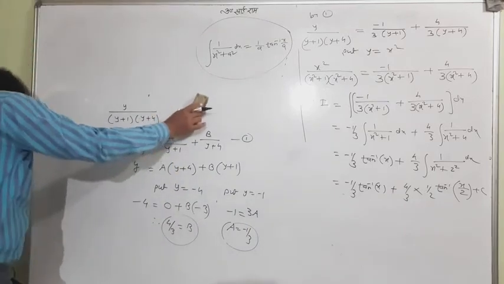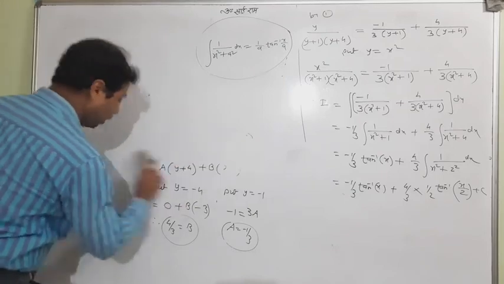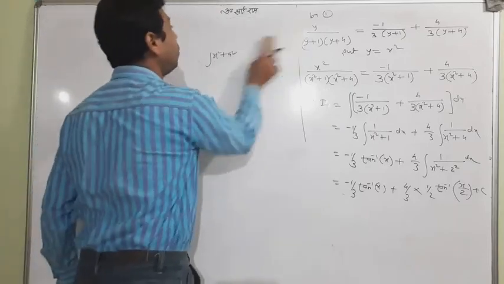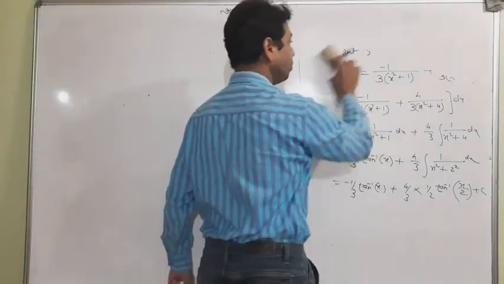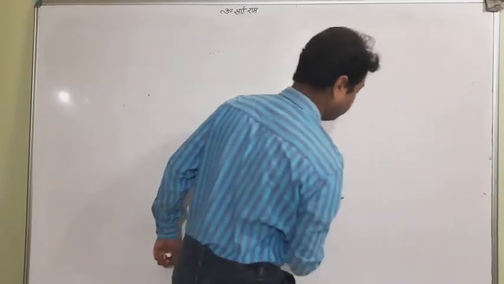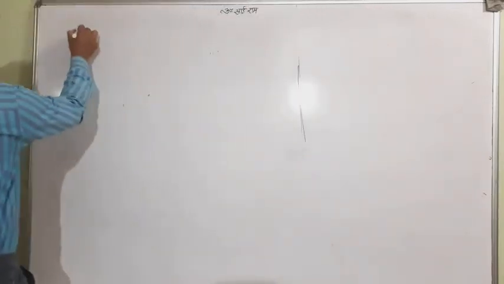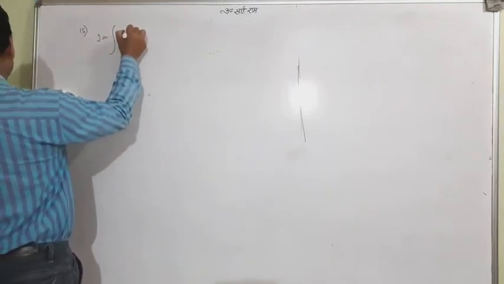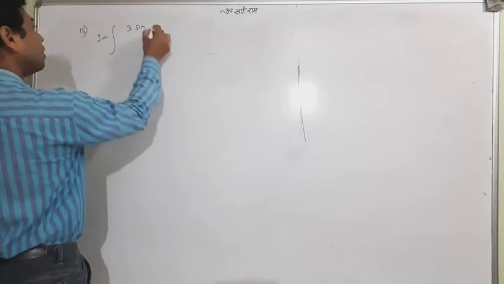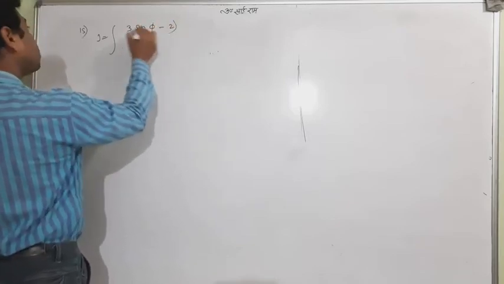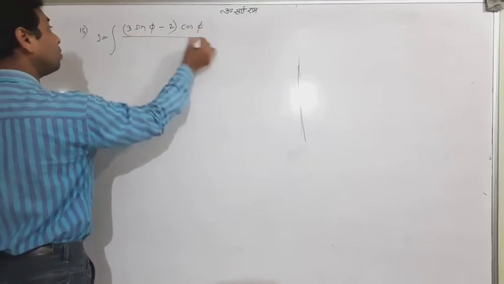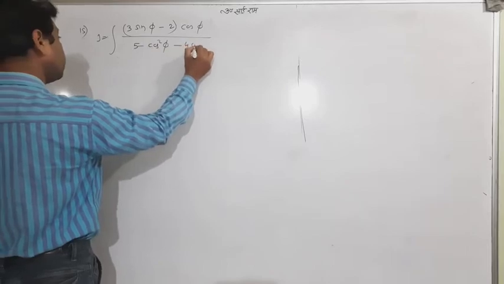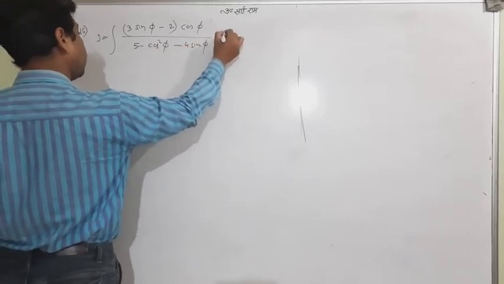So this is example number 14. Okay. Now one more, 15. It is looking to me, which I must tell you right now. The 15th one is I equal to integral of 3 sine phi minus 2 cos phi, it was 5 here, you don't worry about that, and d phi.